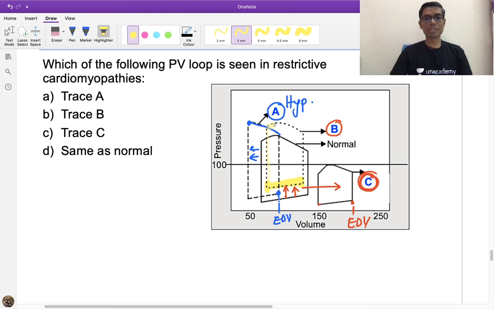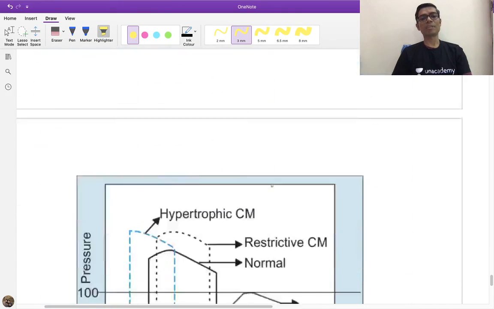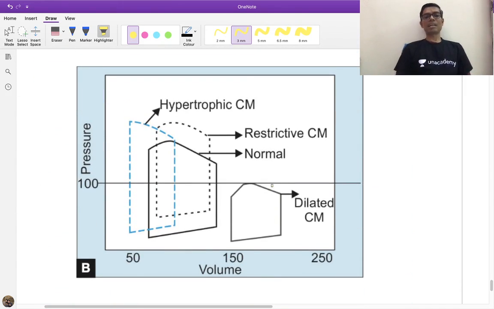So this curve is typical of restrictive cardiomyopathy. I have given this diagram at the end. Hypertrophic cardiomyopathy, this is restrictive cardiomyopathy, and this is dilated cardiomyopathy. Am I clear? Okay, so this you have to remember.